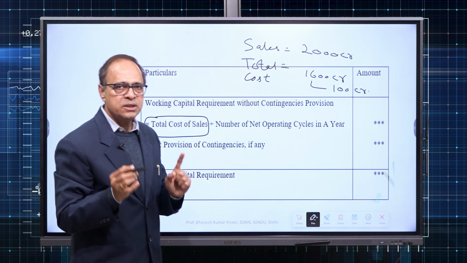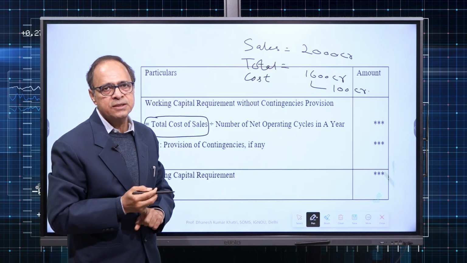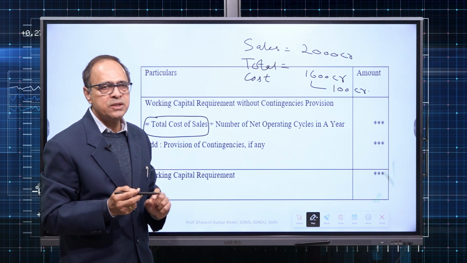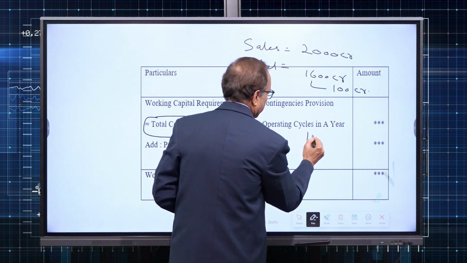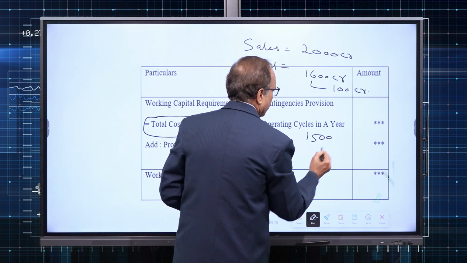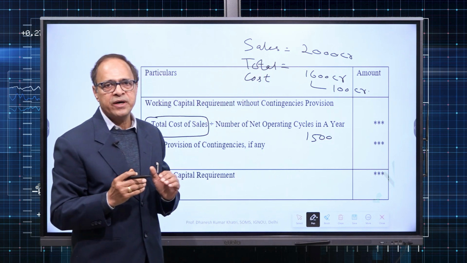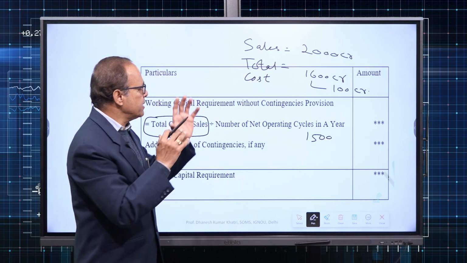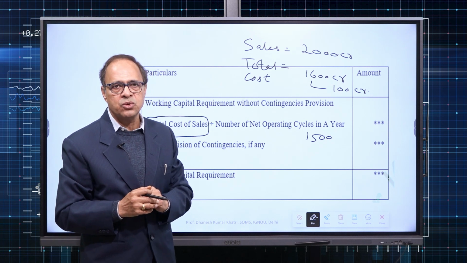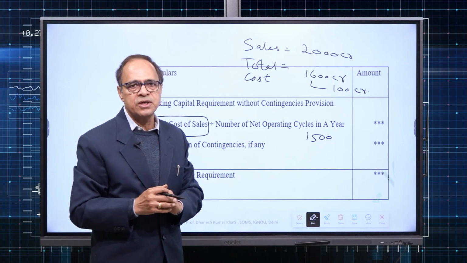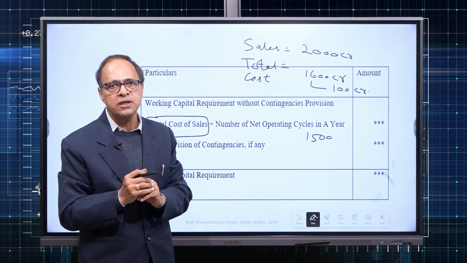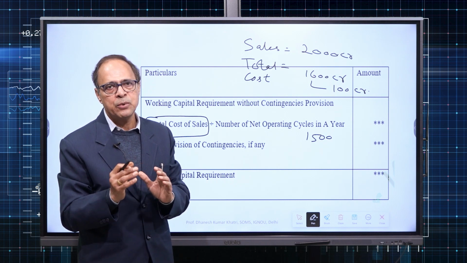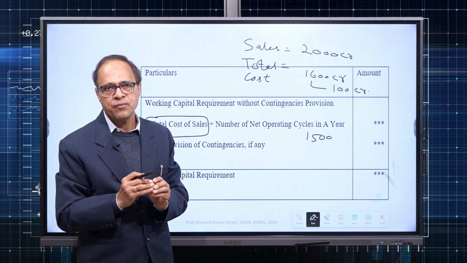So, 100 crore is included as depreciation in this 1600 crore. So, your total cash cost is 1500 crore. Now, if I ask you, for the next financial year you will operate at the sales level of 2000 crore for which cash cost is 1500 crore. Will your investment in working capital be 1500 crore? Give a pause and think, yes or no.